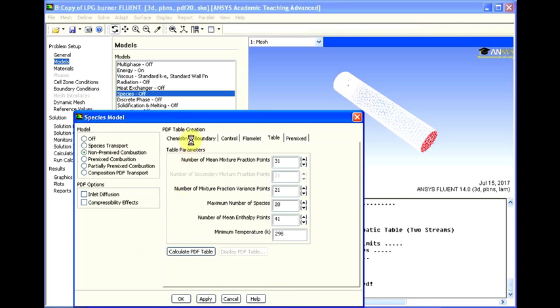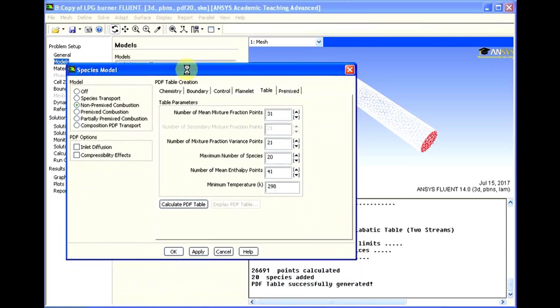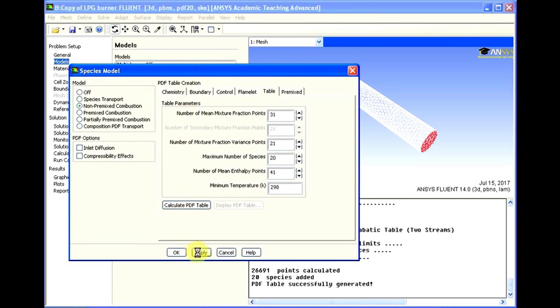The properties are already there at different temperatures. We have full properties for the mixture for LPG. Now we can also display the PDF and see the shape change with the temperature.